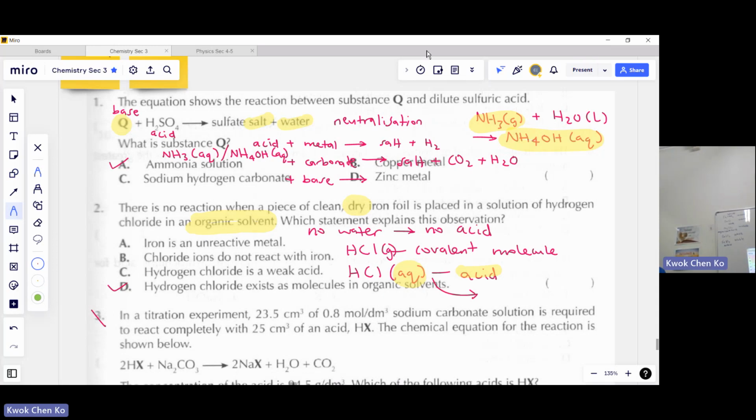It can ionize into cation and anion, only when there is water. So I highlight all the aqueous. It can only be an acid in aqueous form.